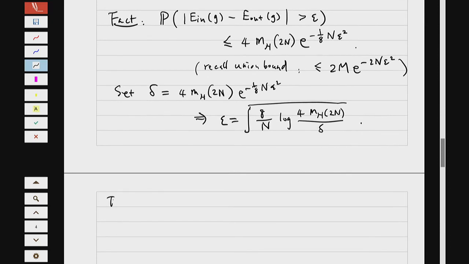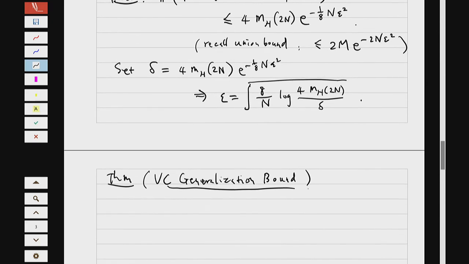Then we can have the theorem if we just look at one side of that bound for the E out. And now this is called the VC generalization bound. And this is kind of our main result.